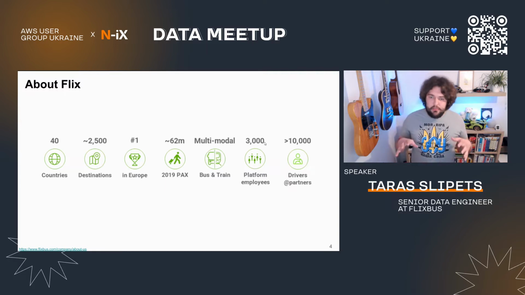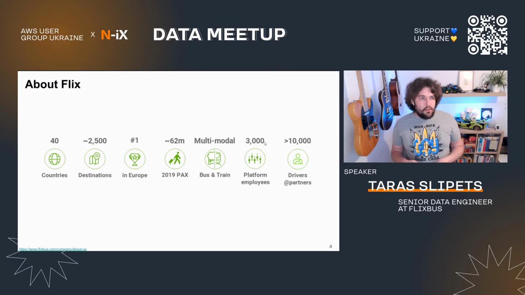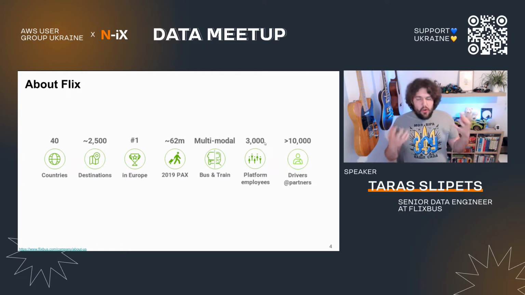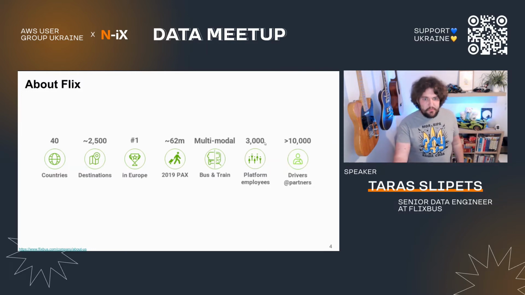We also have a very advanced and large chain of partners, bus partners, drivers, and so on. All of this has a big impact on which data flows we have, which challenges we face in our day-to-day work, and in our mid and long-term strategies.